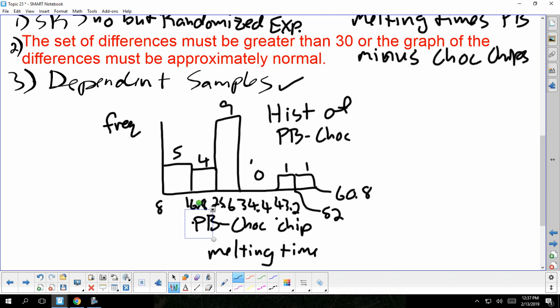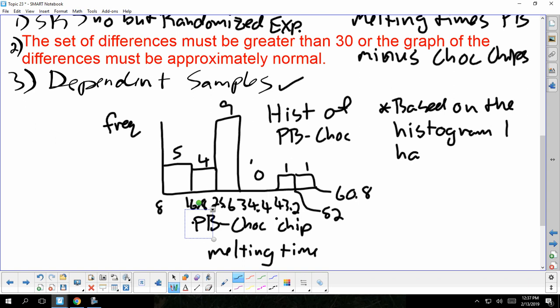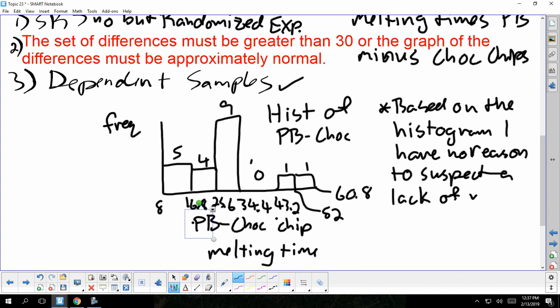Right, and then we're going to say, based on the histogram, I have no reason to suspect a lack of normality in the differences. It's fairly symmetric. That's all we're looking for.